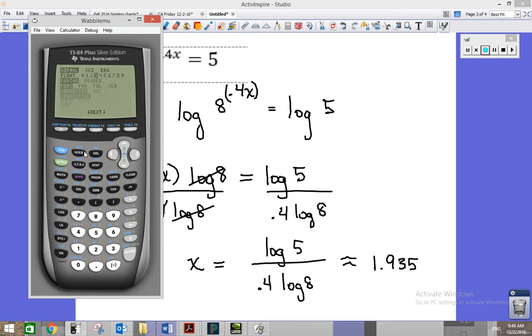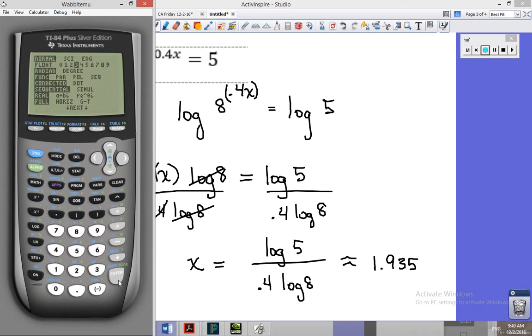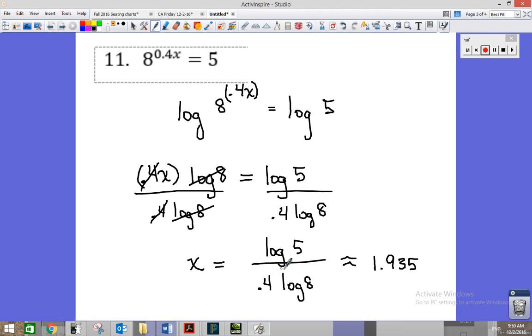I'll bet you if we took it to more decimal points, it wouldn't be exactly 5. Let's just float it and see. Yeah, see, it wasn't exactly 5, but close. Alright. This was the exact value. This is an approximation. It's a very good approximation.